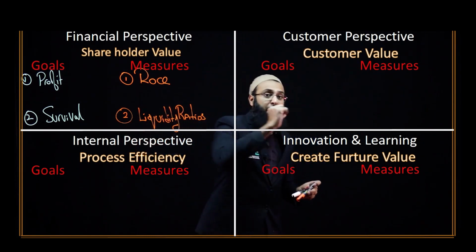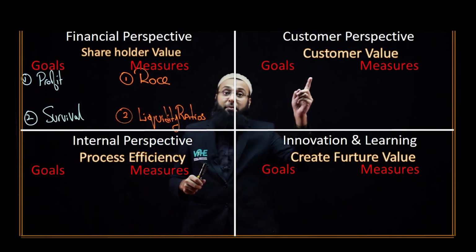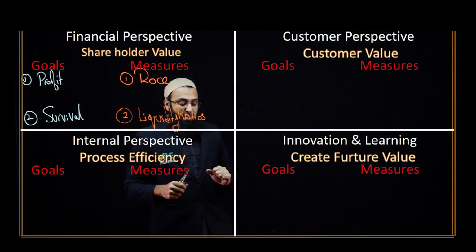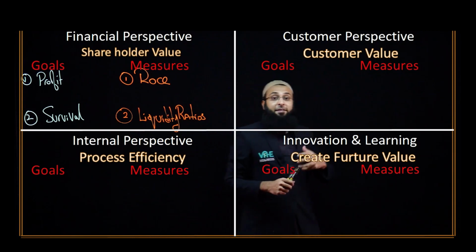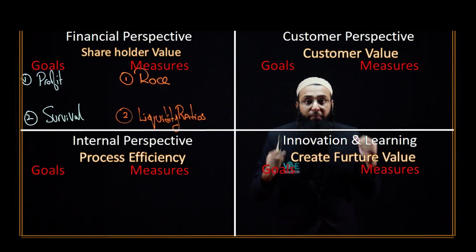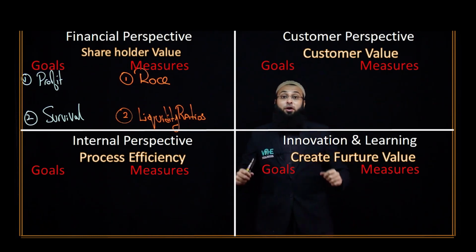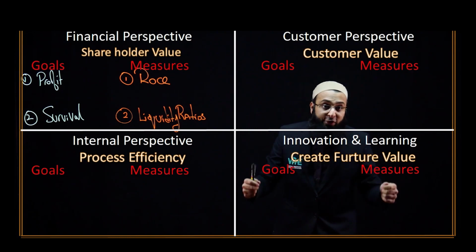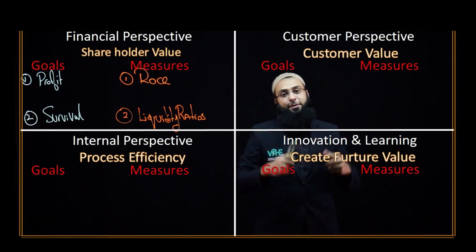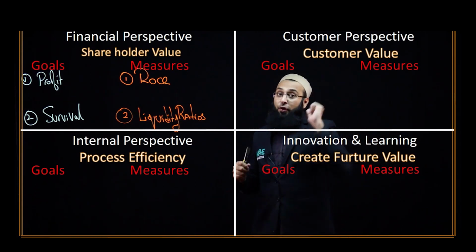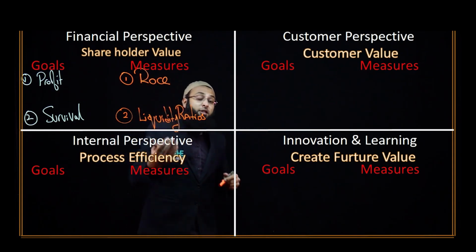So the first perspective ensures the shareholder value creation. Then comes the second perspective. So this is the one that is focusing on customer value. Balanced scorecard emphasizes that customer value creation is extremely important. We need to satisfy our customers for sure, because customer will ensure that the business achieves its financial perspective. So this perspective is important. Now, what goals can we think of here when it comes to customer perspective?